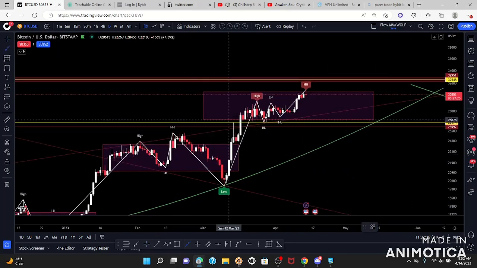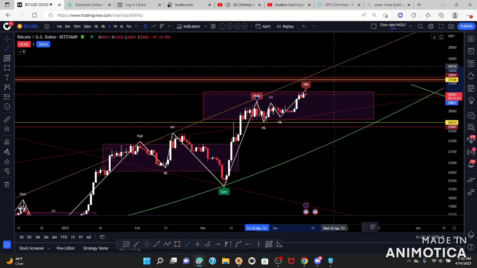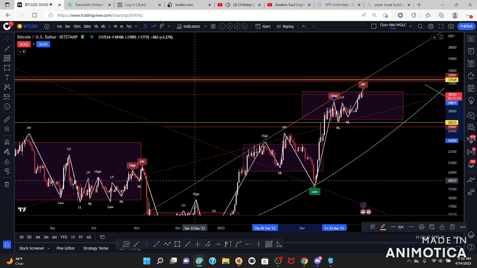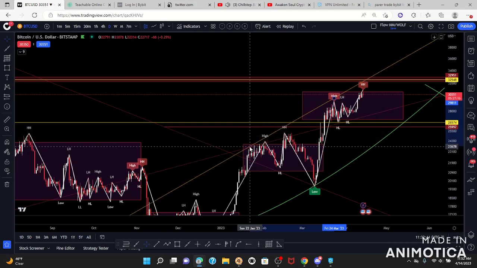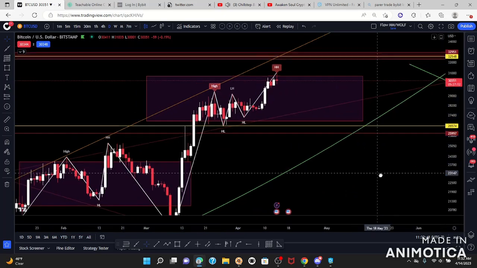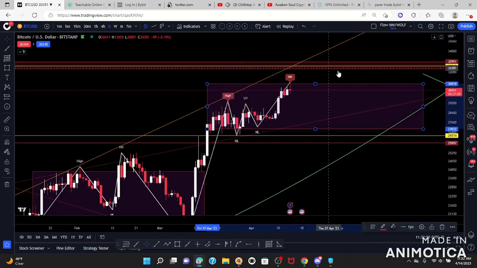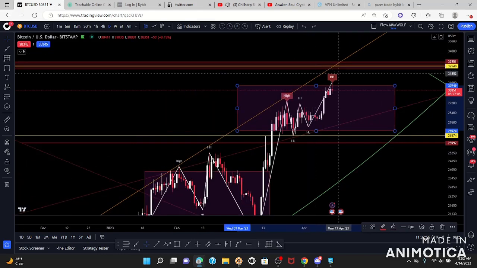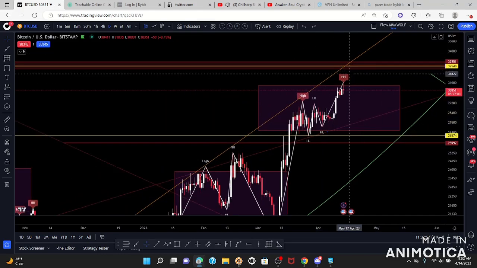So we're going to do a 1 touch, maybe 2 touches here, because we have to give it some breathing room and understand that it could possibly come to this demand zone that we talked about.